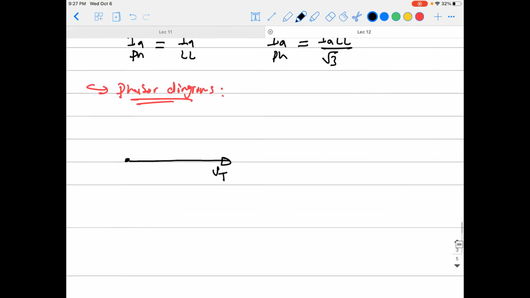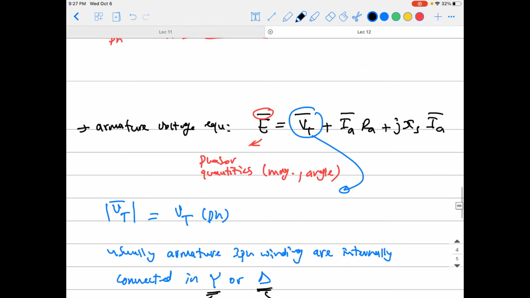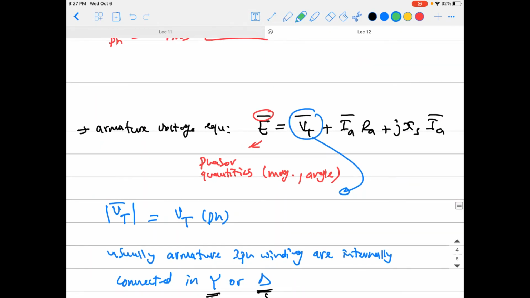Okay guys, so from the circuit if you want to work out the induced voltage E using this equation here, you'll need the terminal voltage value, and you add it to IA multiplied by RA, and add to it J XS IA, with J as the complex operator. If you add all those three together, you will have the value for the induced voltage inside the machine.